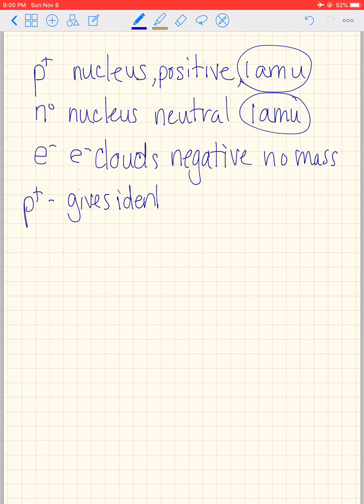The number of protons that I have is going to be the same as the atomic number on your periodic table. So for example, if I look at magnesium, magnesium is element number 12. Element number 12 means that it has 12 protons. It's the number of protons that determines what the element is. So it gives the atom its identity.